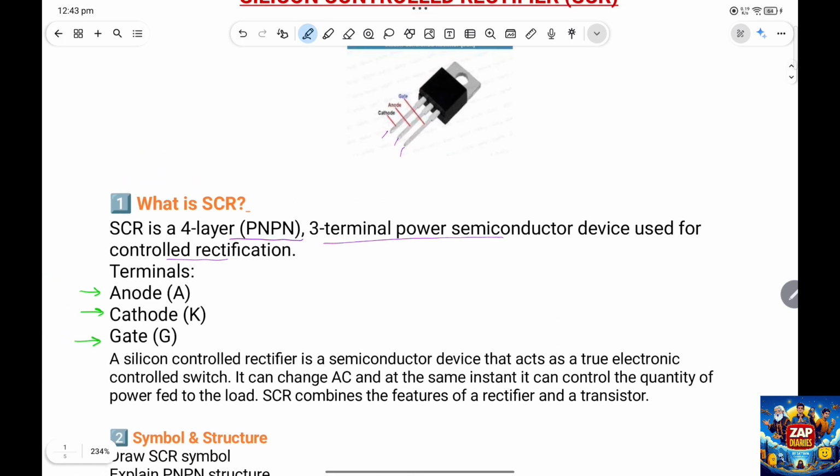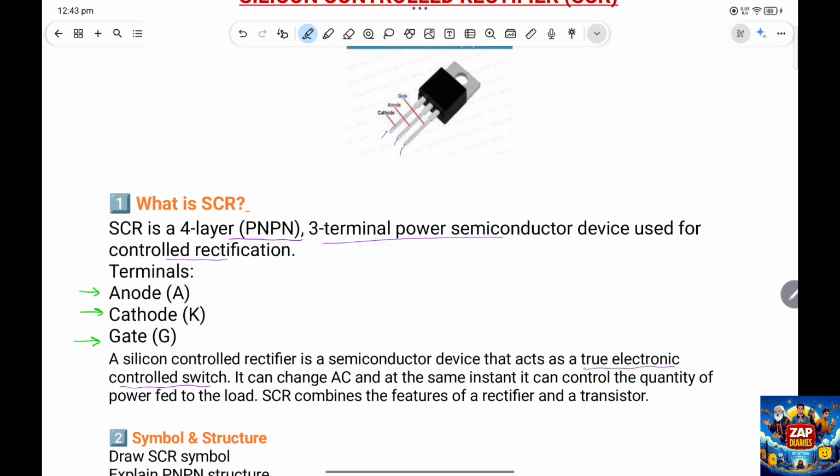It's a silicon controlled rectifier, and this device acts as a true electronic controlled switch. It can change AC at the same time. It can control the quantity of power fed to the load.